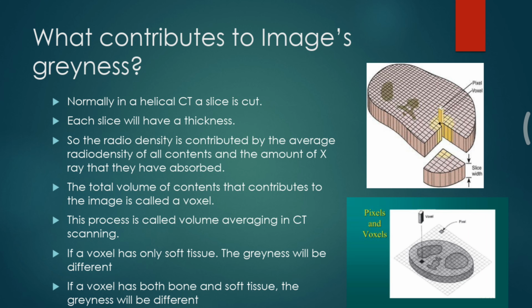If a voxel has only soft tissues, the grayness will be different, but if a voxel has both a bone as well as a soft tissue, the grayness will be different. So what you're seeing is the average density of all the structures in that particular voxel, which contributes to the grayness of a particular pixel you see on the image.